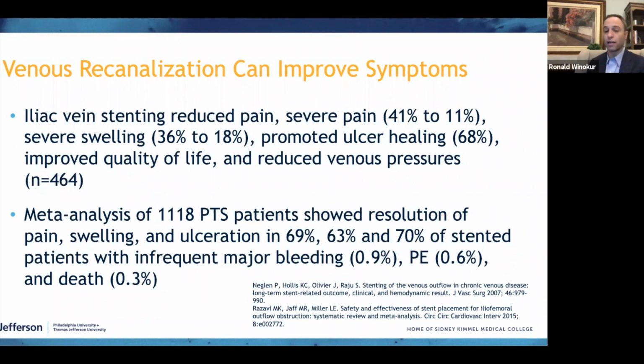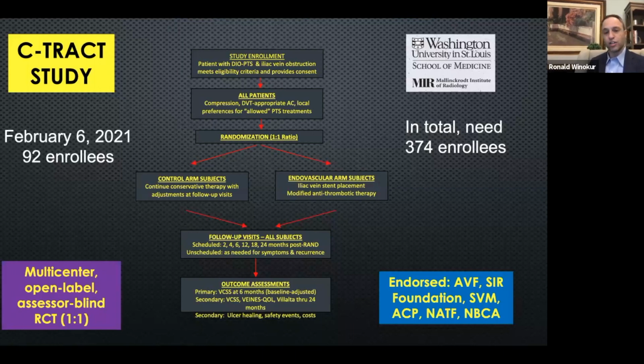So this is why there's such a move for people to do deep venous reconstructions and deep venous recanalizations, and why they're so important to our patients. The C-TRACT trial is what's going to validate this and make sure that retrospective data, that cohort data that I just presented, is really valuable and true. And without it, we're going to potentially lose funding.